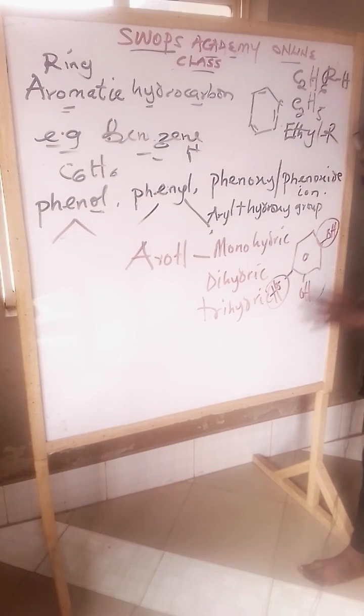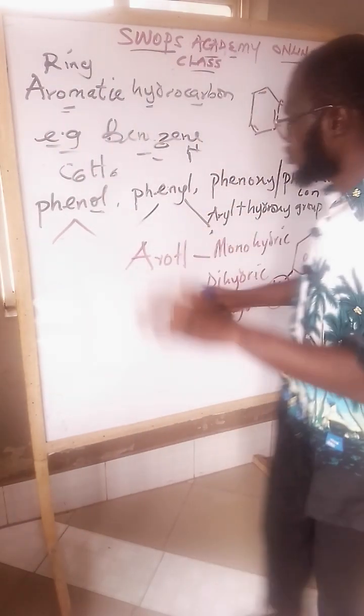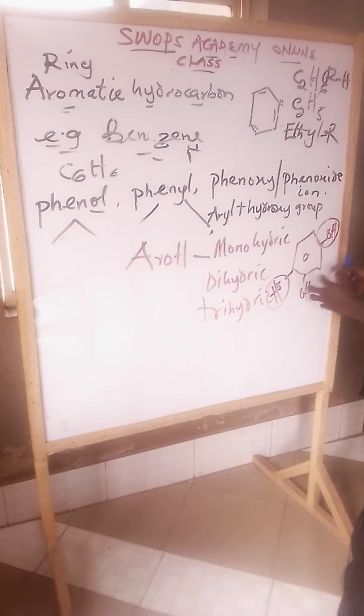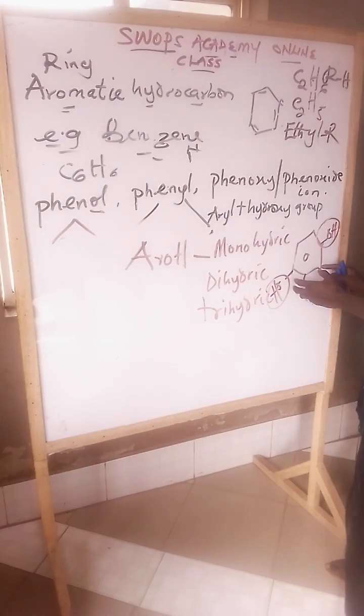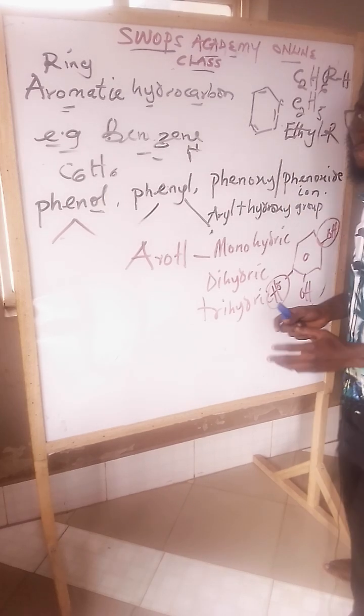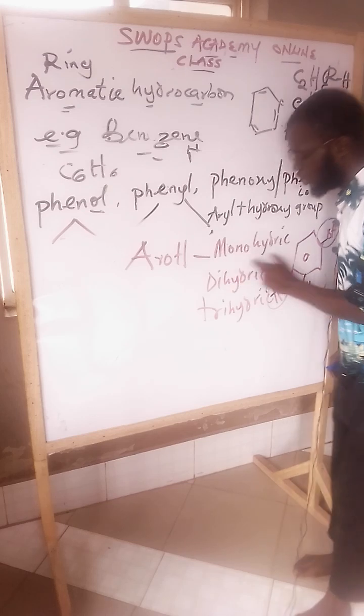These are the types of classification of phenol that we have. When we put OH on benzene, that is how we know it is phenol. If the OH is one, we call it monohydric.